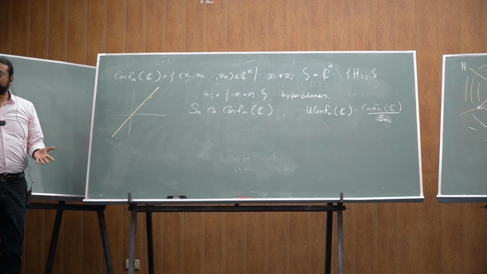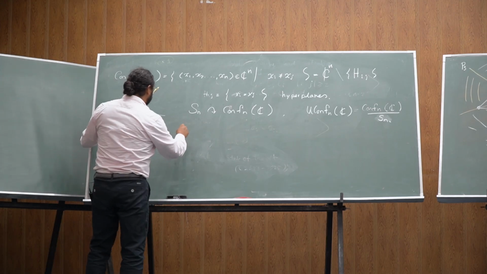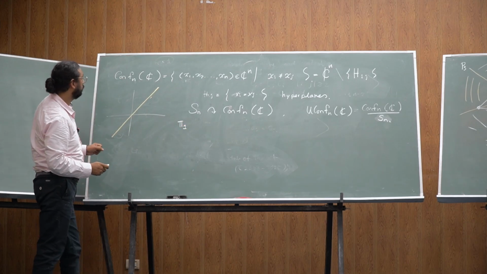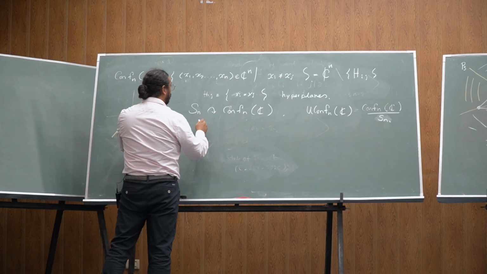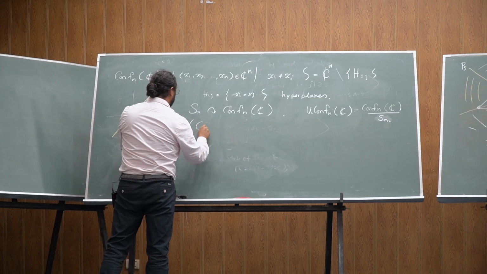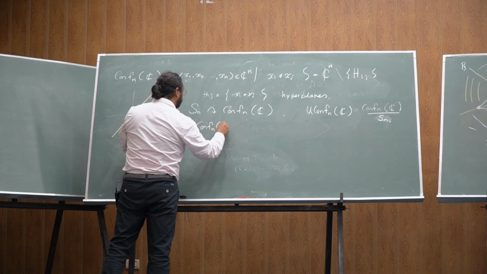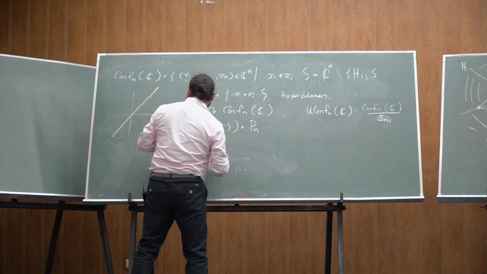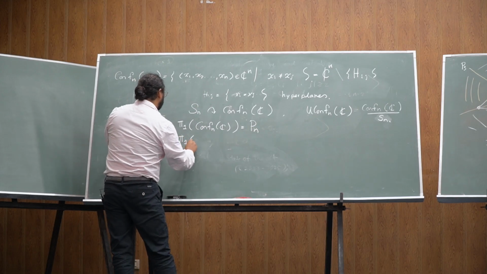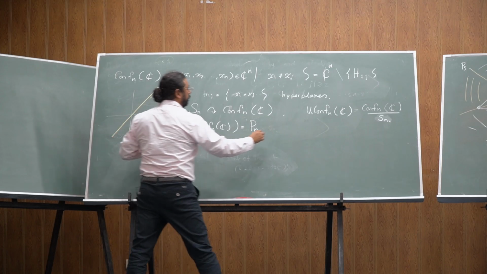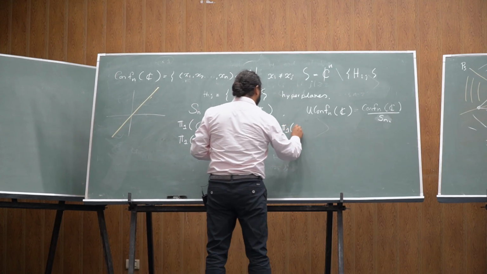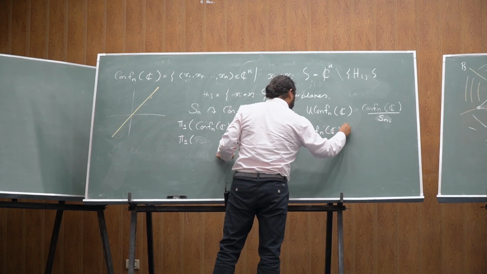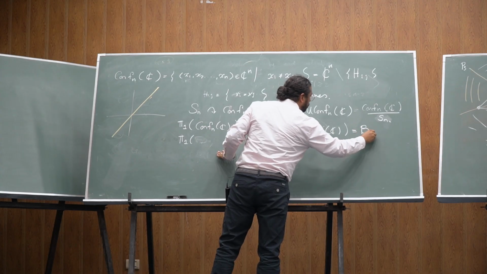And something amazing happens. What happens is that the fundamental group of the configuration space, I will call it Pn, and this, the unordered, I'll put it here, is the braid group.